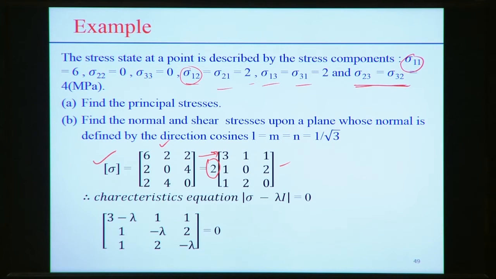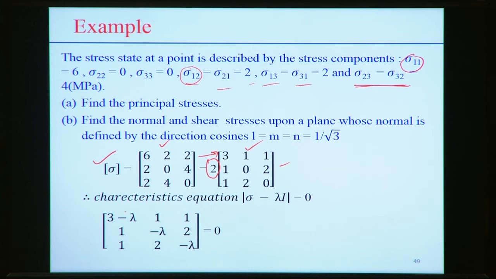Now we need to find out the characteristic equation based on this stress tensor, so that we can follow the similar way we have discussed: all the diagonal components have minus lambda, and the first one is 3 minus lambda, keeping the other components the same.